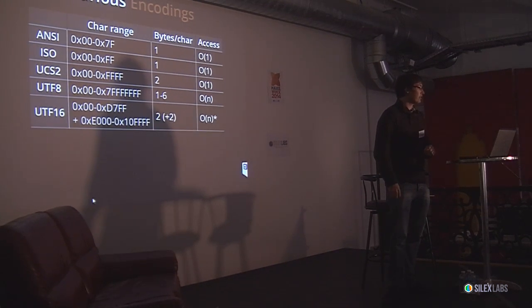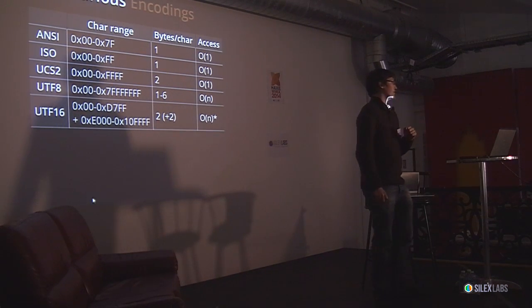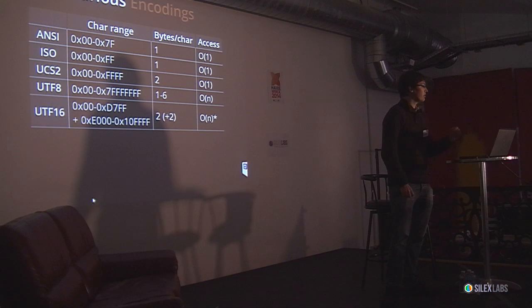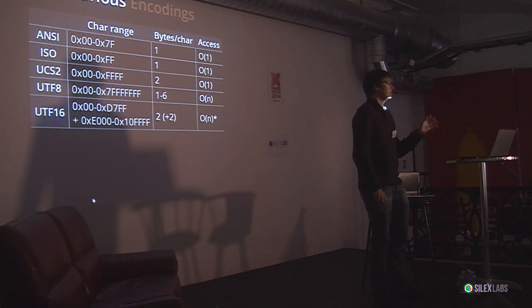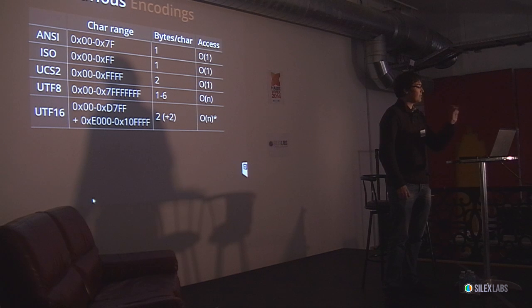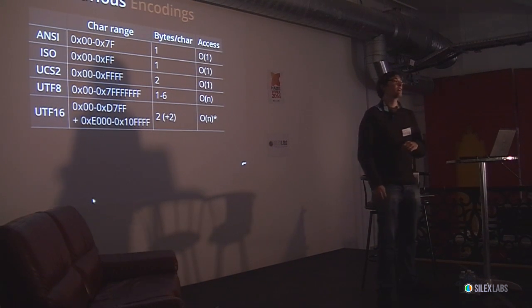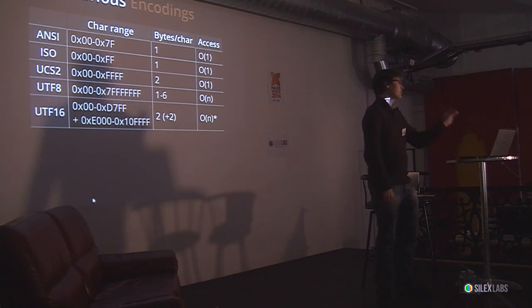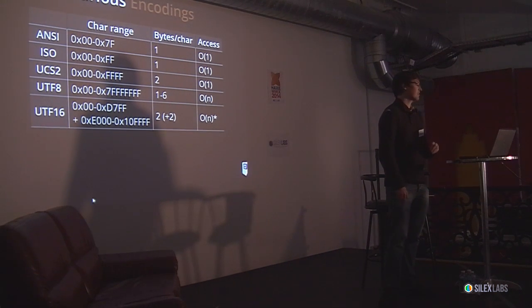And then you have UTF-16, which is a bit different. The idea is that you can encode a smaller character range than UTF-8, but still a lot, so I guess it's still practical. And you have this specific range between D8 and E0 that you cannot encode with UTF-16.